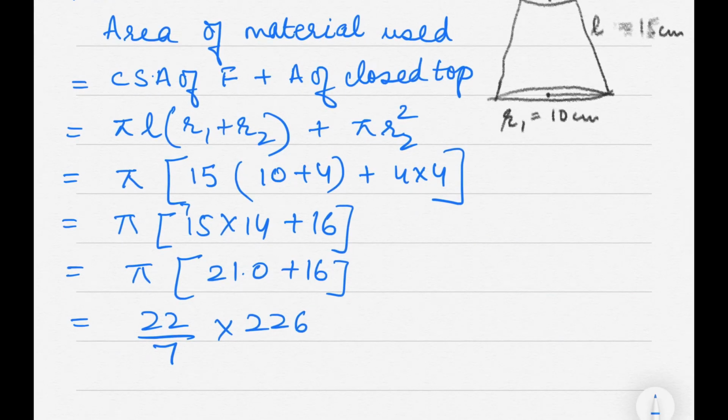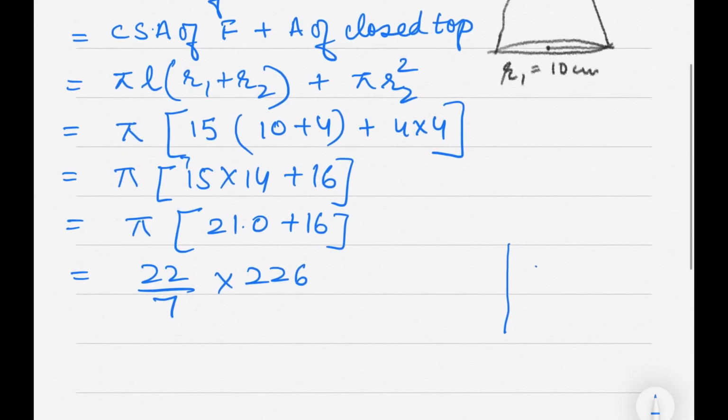Now I have to multiply this by 226. So this is my rough column, I can say here. If I double it, I'm just trying to shorten it. This is equal to 4, and 26 double will become 52.